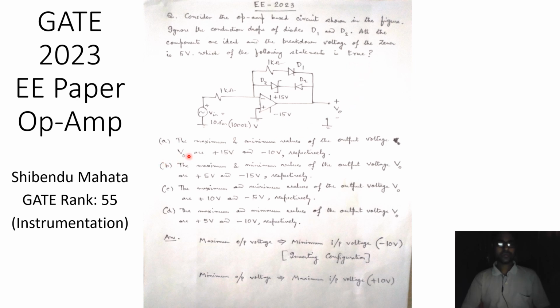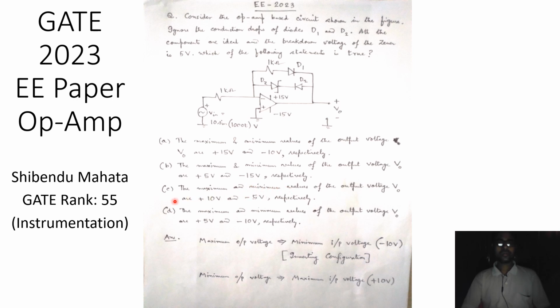Statement A: the maximum and minimum values of the output voltage V0 are plus 15 volt and minus 10 volt respectively. Statement B: the maximum and minimum values of the output voltage V0 are plus 5 volt and minus 15 volt respectively.